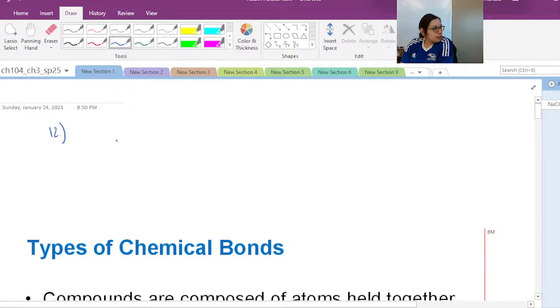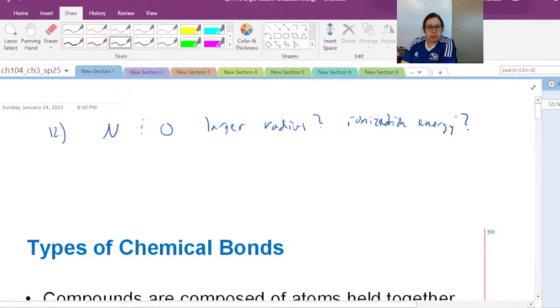It's number 12, it says nitrogen and oxygen. Which is the larger radius, and then which has the higher ionization energy? Let's go through this one. We just did the periodic trend one. So which one do we expect to have a larger radius?